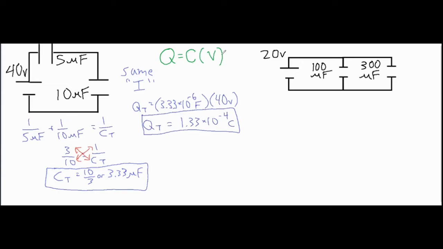Now, if I go ahead and take this formula over here, Q equals CV, and rearrange it, it's V equals Q over C. So if I want to find my individual voltage drops, all I have to do is put the Q value up top right here as my numerator and divide it by my individual capacitance. So I can divide it by the 5 microfarads and the 10 microfarads to get my individual voltage drops.